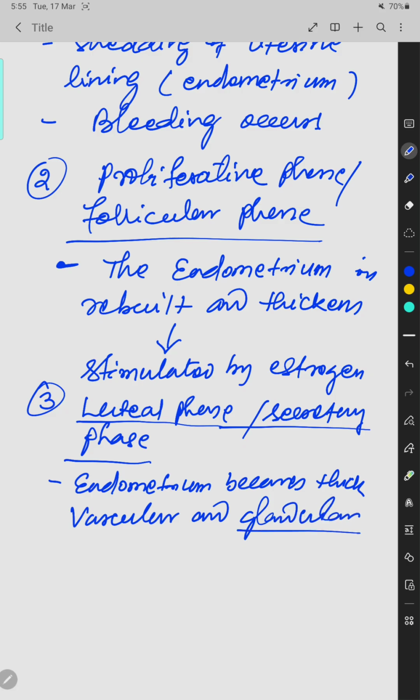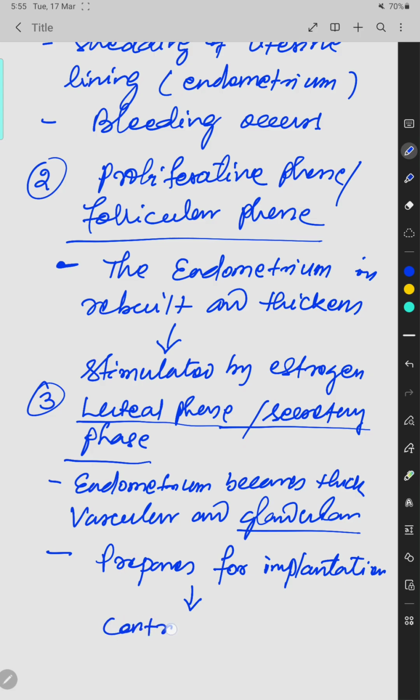As it is glandular, it is secretory in nature. That's why it is known as secretory phase. Now as the thickness of the endometrium increases, it prepares for implantation. And this process is controlled by progesterone.